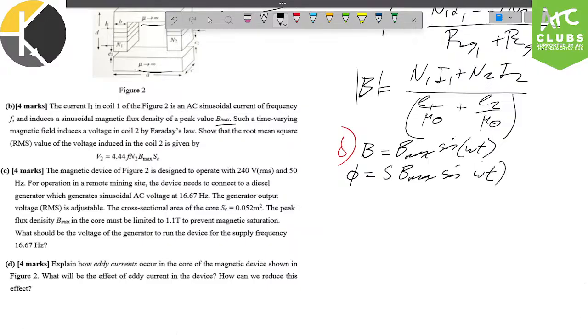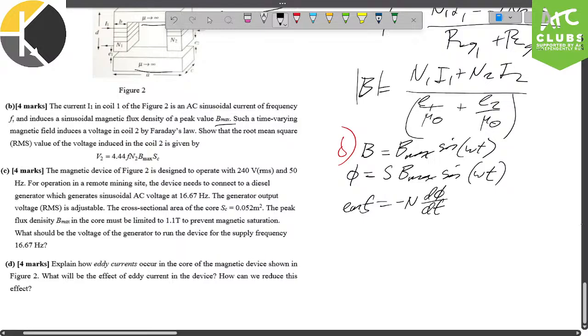Where S is the cross-sectional area, so we've just integrated. We're once again assuming that it's a uniform density of your flux. And so we need to apply, I believe, Faraday's law, where we say the EMF is equal to minus N times d phi on dt.